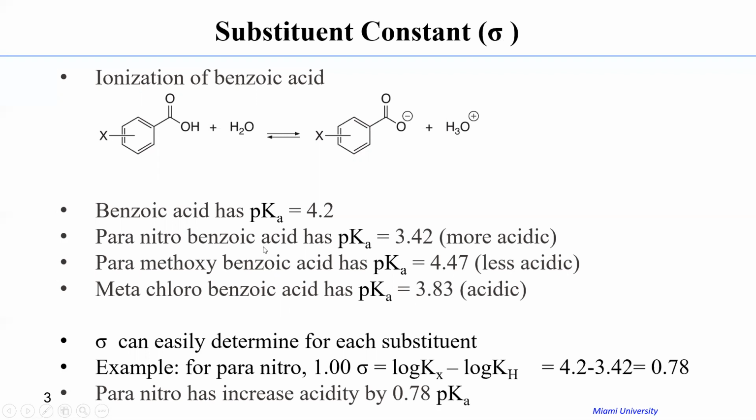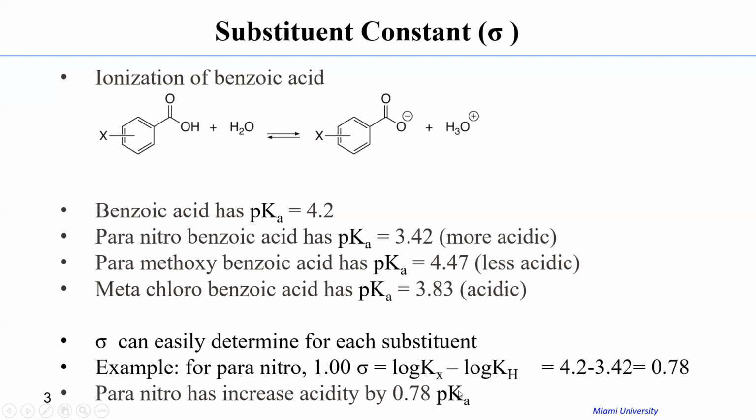So the substituent constant can easily be determined from here. I gave the example of para-nitro, where rho is 1 for benzoic acid, and putting the value in here I can get 0.78, and I can easily say that para-nitrobenzoic acid has increased acidity by 0.78 pKa units compared to benzoic acid.